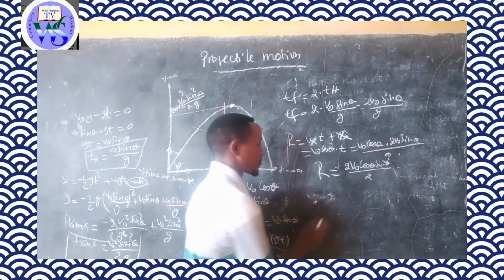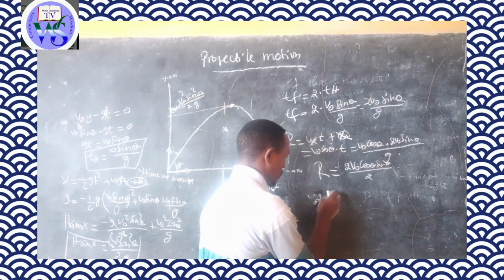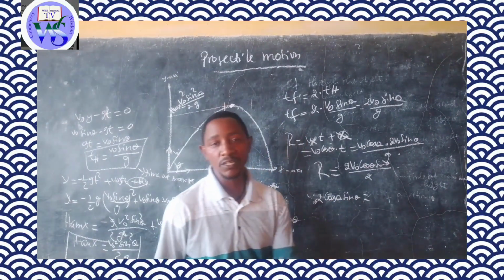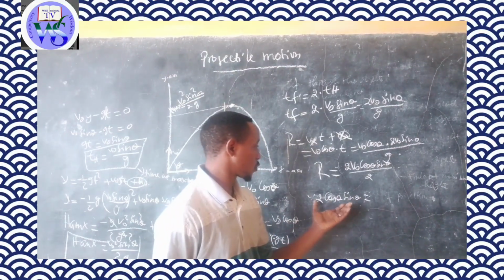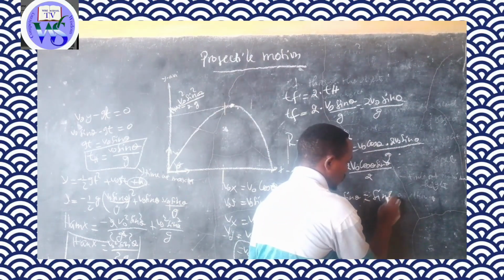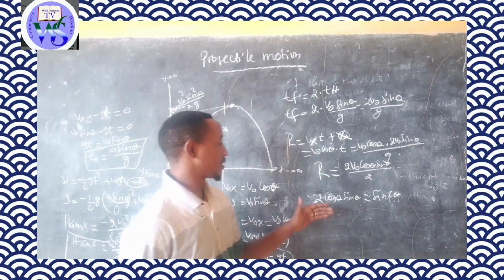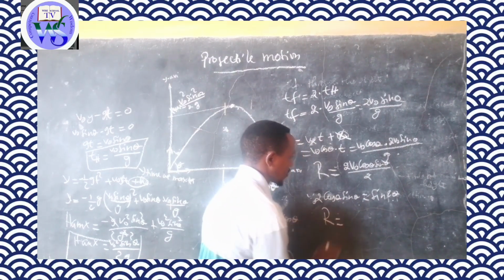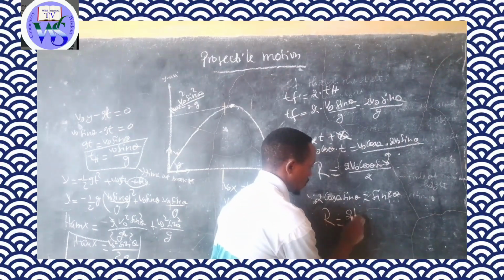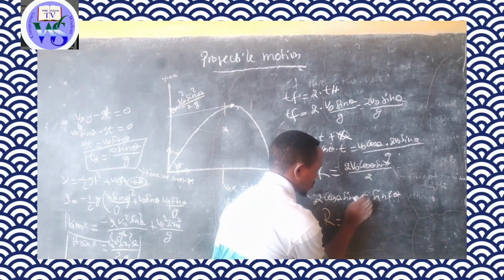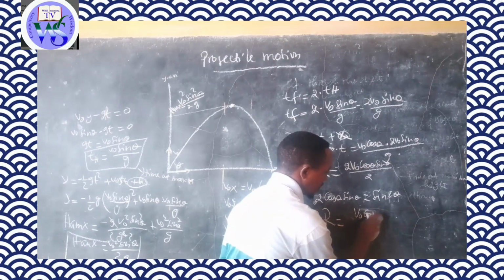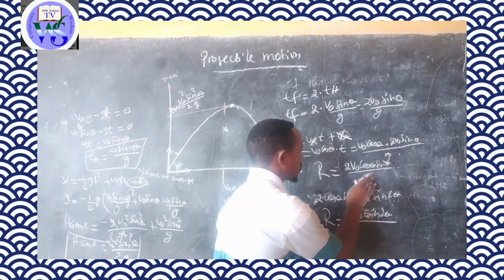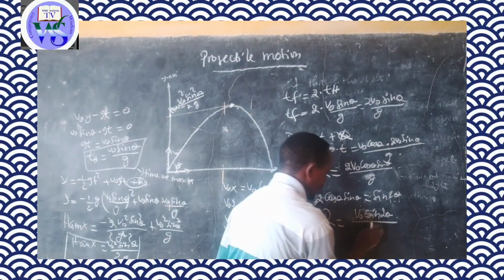Remember that when you see 2 cosine of theta sine of theta, by using the trigonometric identity, this is equal to sine of 2 theta. So range is equal to v0 squared sine of 2 theta over g.